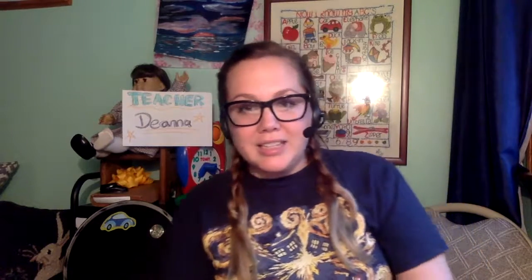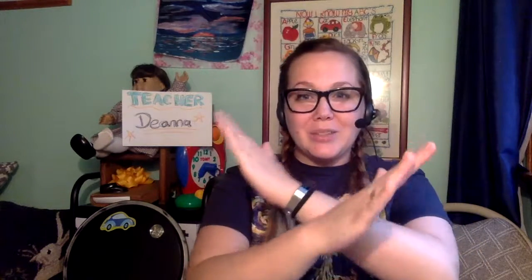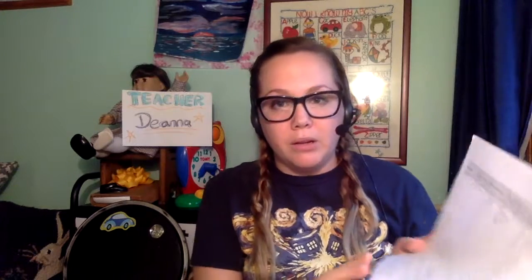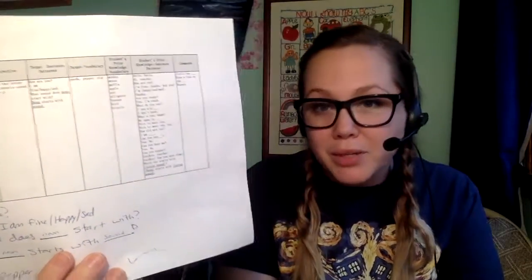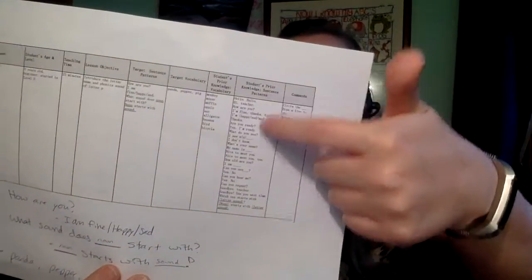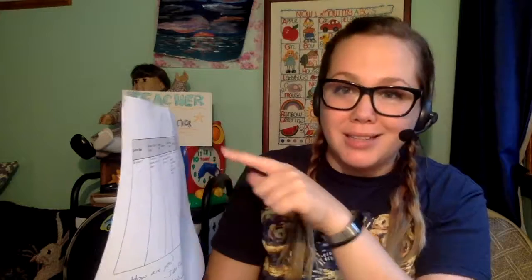Last thing is, do not use incidental language. Incidental language is language that the student will not know. You should, and you will, have a printout that you can print out or look at that says students' prior knowledge and sentence patterns. Students' prior knowledge vocabulary.